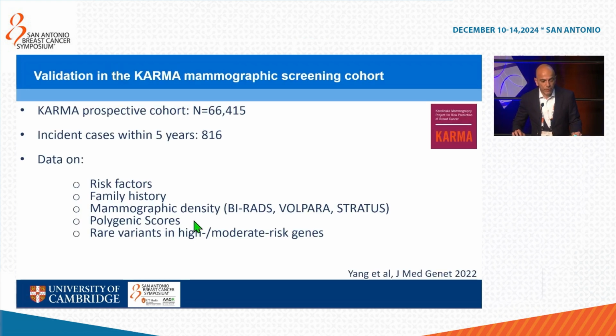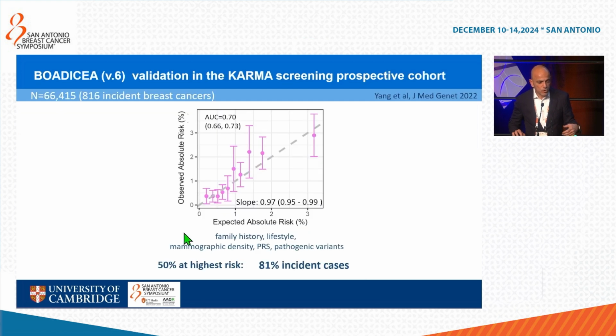Another study that was published a couple of years ago was done in the mammographic screening setting using the KARMA mammographic screening cohort that we heard about earlier in the general session. Here we had data on all the different risk factors included in the model, including mammographic density. The main result is that the full multifactorial model remains well calibrated.